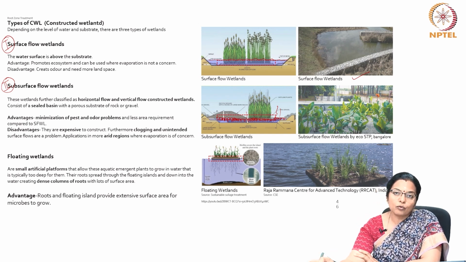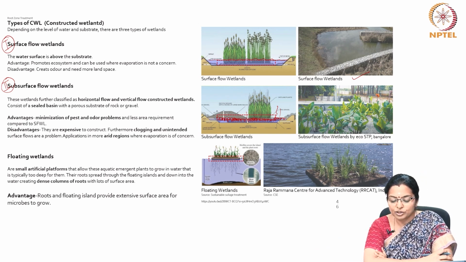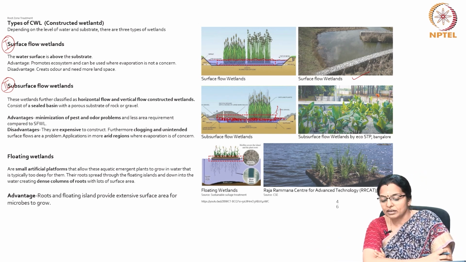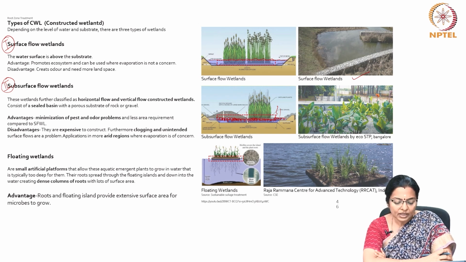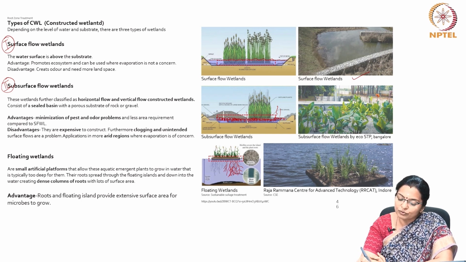The third is floating wetlands. Floating wetlands are small artificial platforms that allow these aquatic emergent plants to grow in water that is typically too deep for them. Their roots spread out through the floating islands and down into the water, creating dense columns of roots which have lot of surface area, and it is on these surfaces of the roots that the microorganisms cling to.